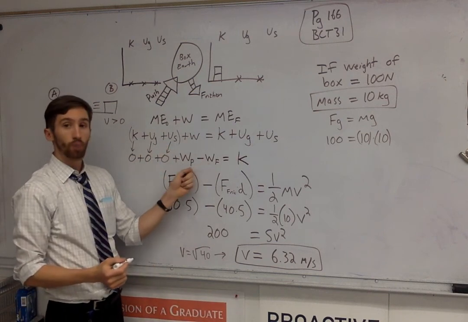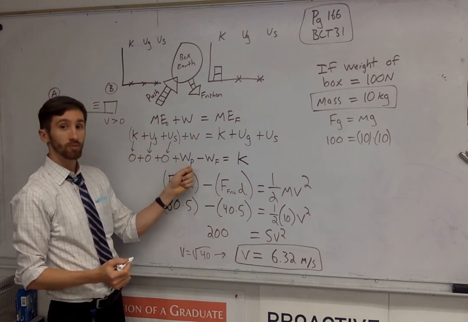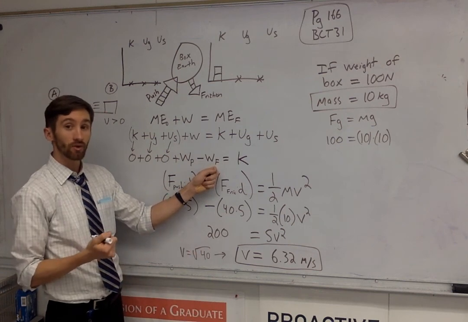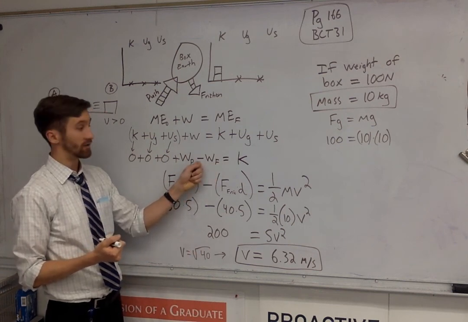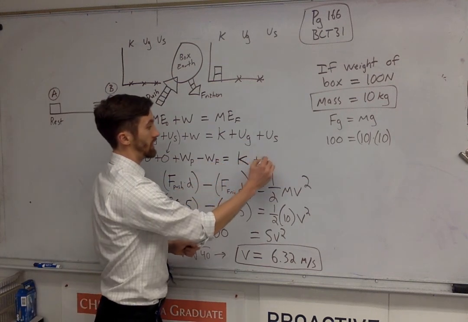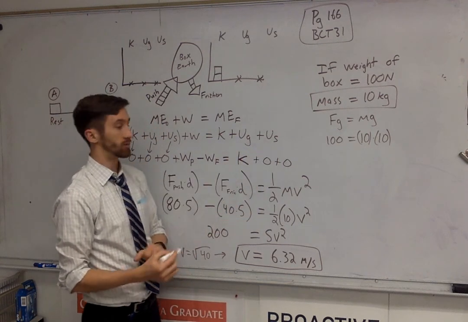We have to show both types of work. So the work from the push is positive, the work from the friction, pulling energy out or slowing it down, is negative. And all of that equals the kinetic energy plus both gravitational potential and spring potential are 0.